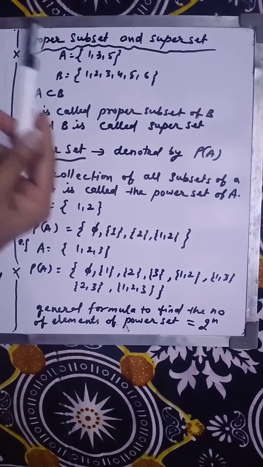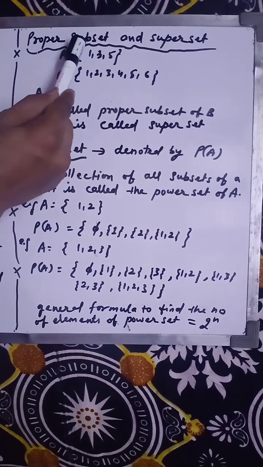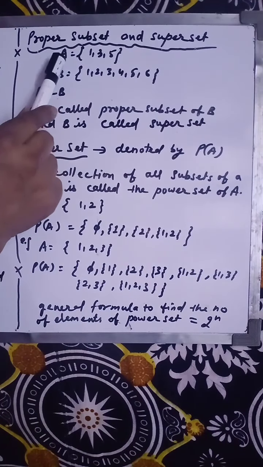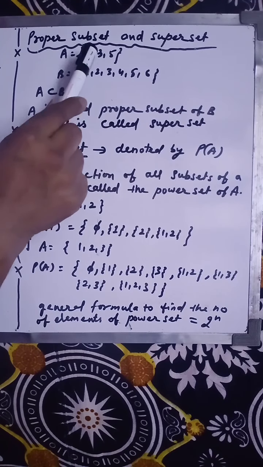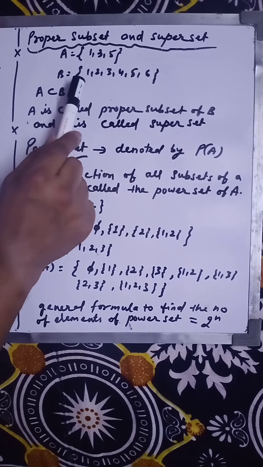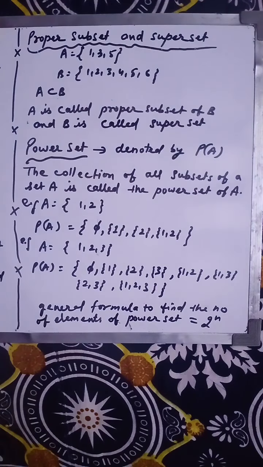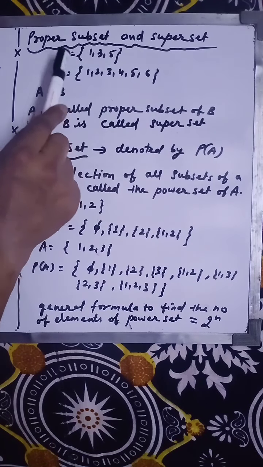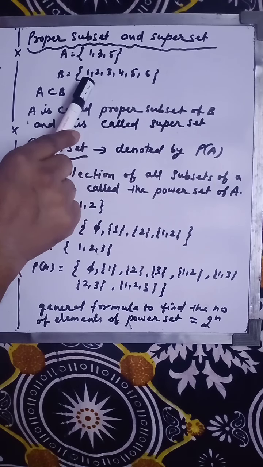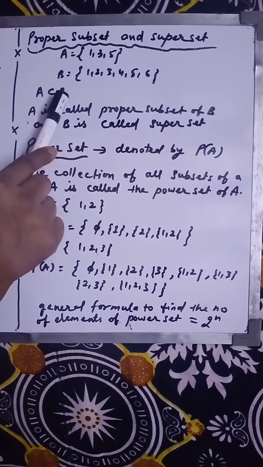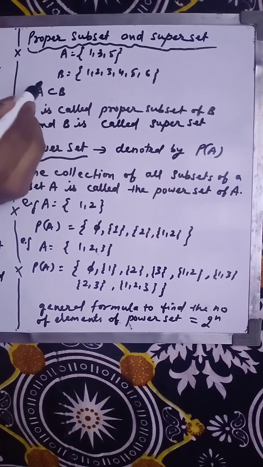Now the next topic is proper subset and superset. So we are assuming that A is a set in which three elements are coming, 1, 3 and 5, and B is also a set in which 1, 2, 3, 4, 5, 6 these elements are coming. As we can see, all the three elements of set A are coming in set B. So A is a subset of B. This is the sign of subset.